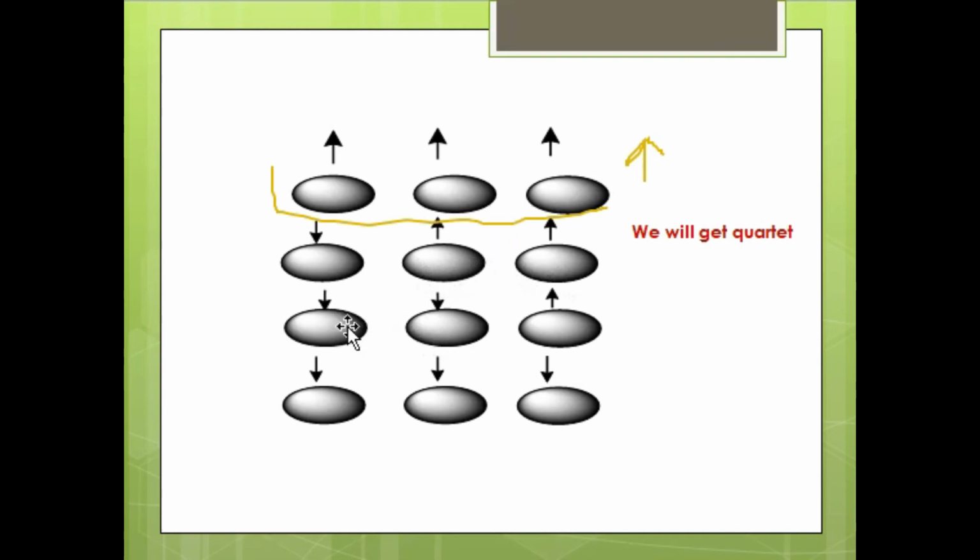One is the condition in which two are present in the down of the magnetic field and one is present in the up. And one is the condition when all three hydrogens are aligned in the downward direction of the applied magnetic field.